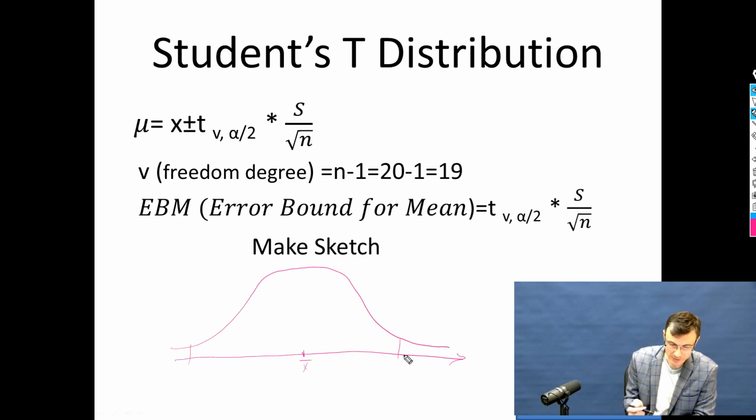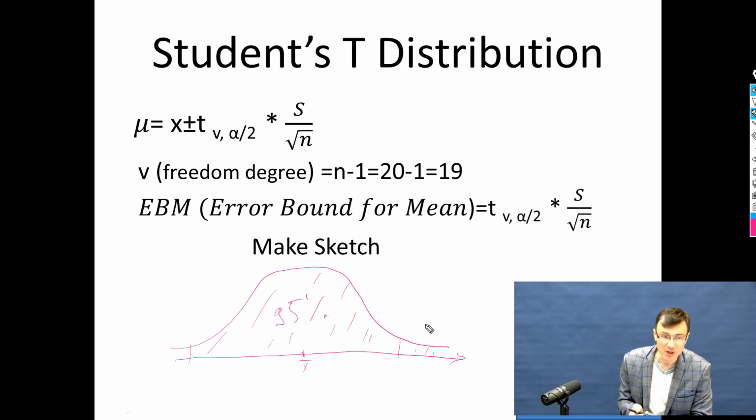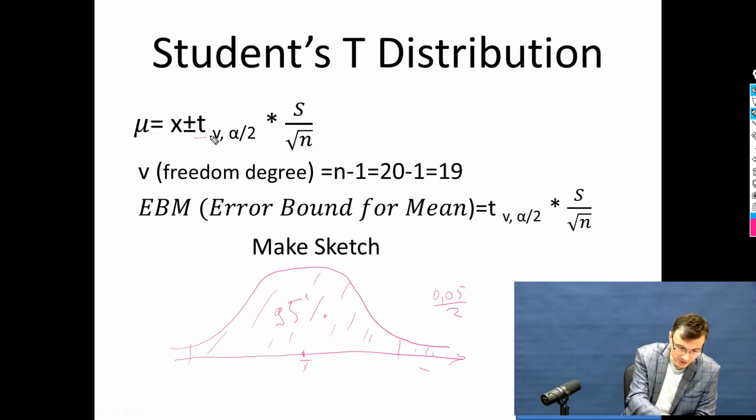So if we have a level of confidence of 95%, we divide alpha by 2, and this will be our parameters for calculation of the T criteria.